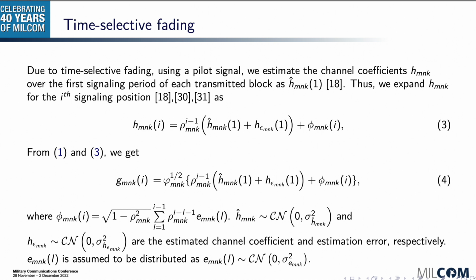So from equations 1 and 3 we get g_mnk, where g_mnk is equal to φ^(1/2) times h_mnk.